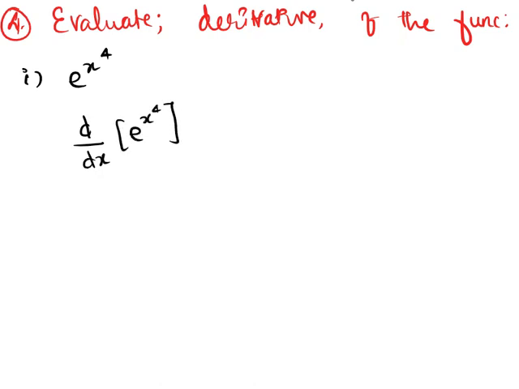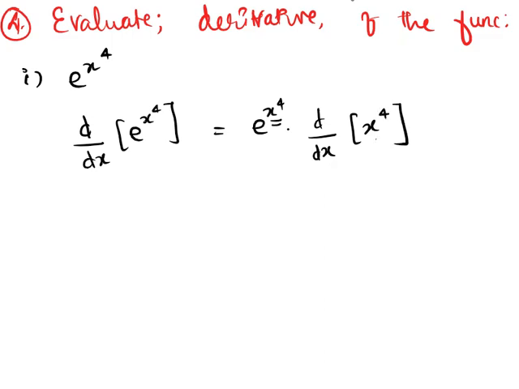Whenever you differentiate e power x, you will get e power x itself, right? So here we will get e power x power 4, and then we have to again differentiate the power term. In the exponential power, you have x power 4.